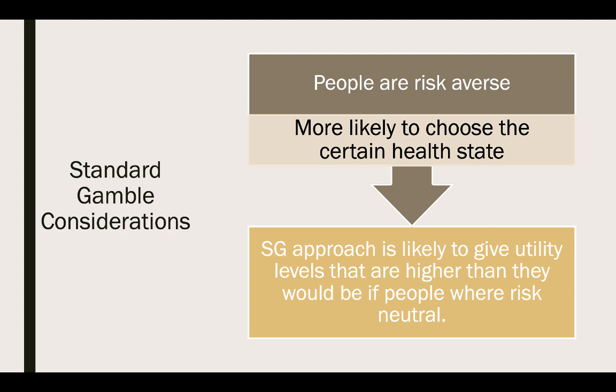So this standard gamble approach tends to give us health utilities that are higher than they would be with risk neutral people or risk loving people. This tends to bring out the risk averse nature in all of us. If I give you a scenario where I can give you a certain health state, or you're going to get a flip of a coin, you're probably going to pick the certain health state.